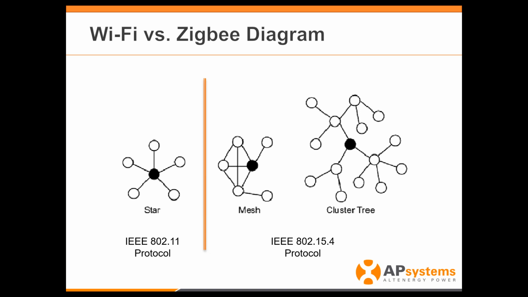ZigBee adds the extra element, the 802.15.4 protocol, because it's very similar. It communicates on the exact same frequency, 2.4 gigahertz. But it's a peer-to-peer to point communication device as well. For example, I know Ed's on the phone call right now, and Cameron's on the phone call. I'm trying to talk to Ed and he's not listening.